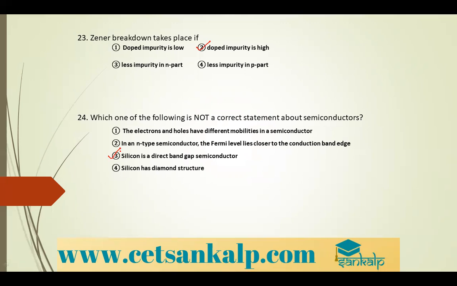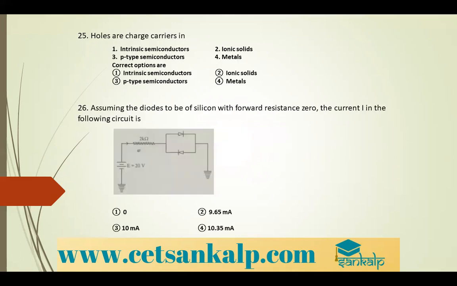In an N-type semiconductor, the Fermi level lies closer to the conduction band edge. The holes are the charge carriers in, so it is option 4.